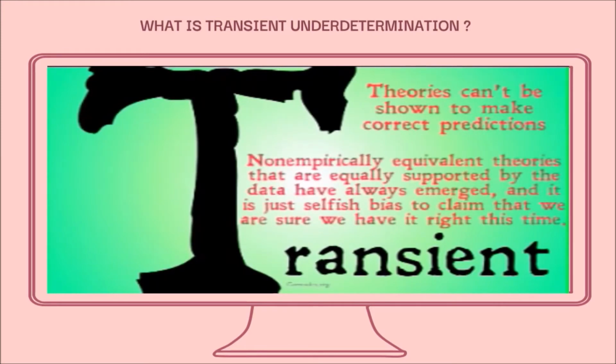Non-empirically equivalent theories that are equally supported by the data have always emerged, and it's just selfish bias to claim that we are sure we have it right this time, in this very short amount of time. The only reason perhaps that you think that is the psychological fact that you won't be around to see far enough into the future where things will have so drastically changed that maybe in fact all the theories that you take as true right now have been shown to be false.